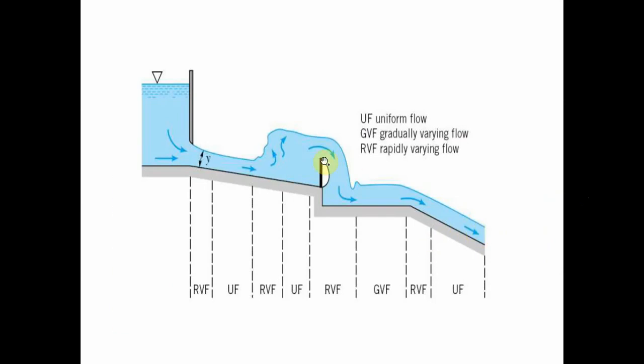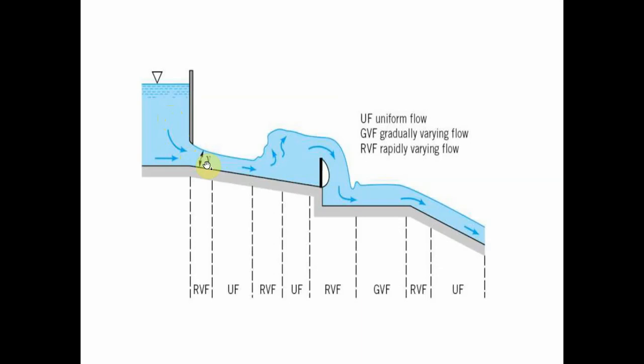Okay. So here is another diagram to represent uniform flow, non-uniform flow, gradually varied flow and rapidly varied flow. So this is the tank or the dam, from which the water will be flowing.